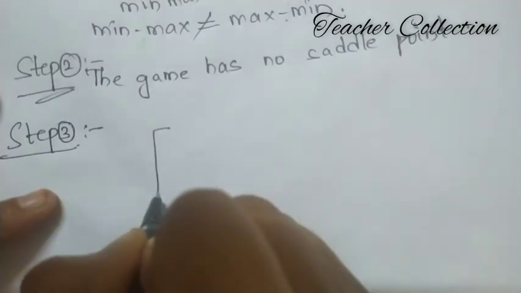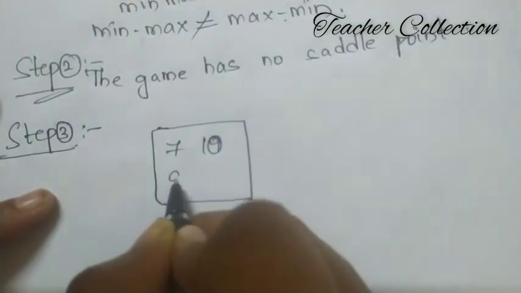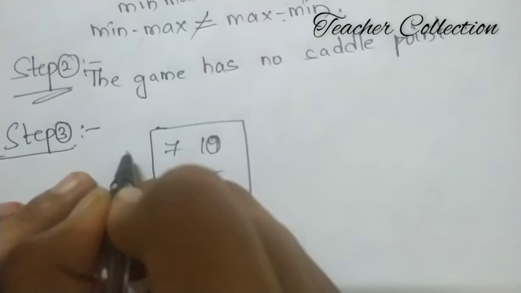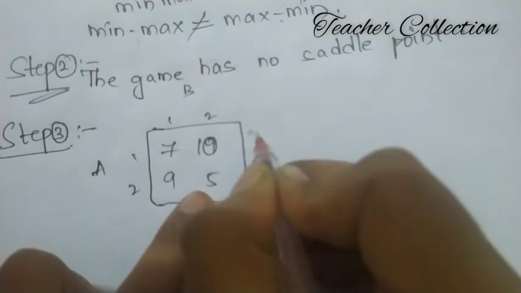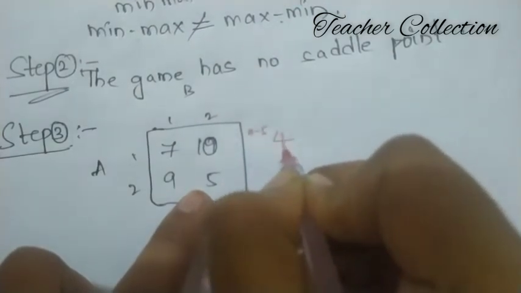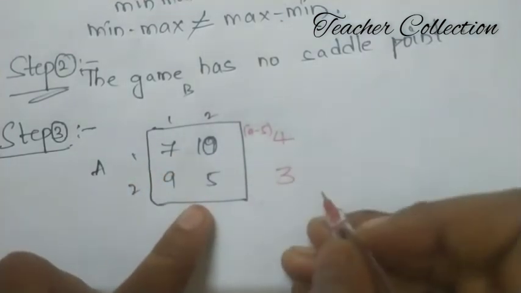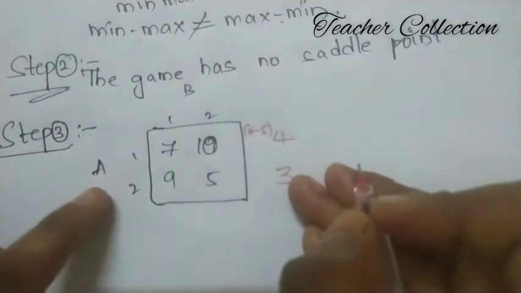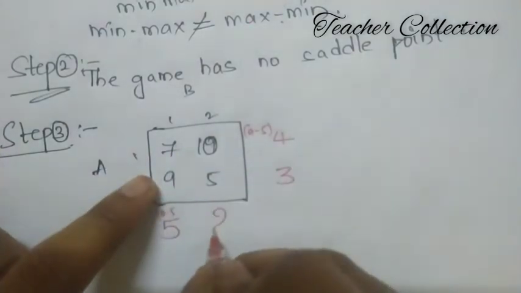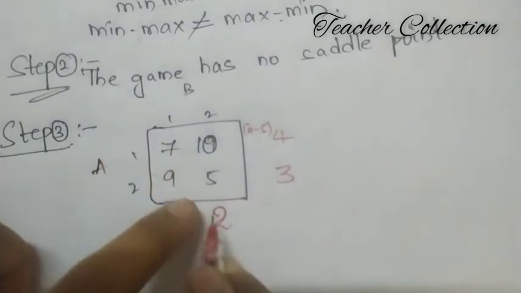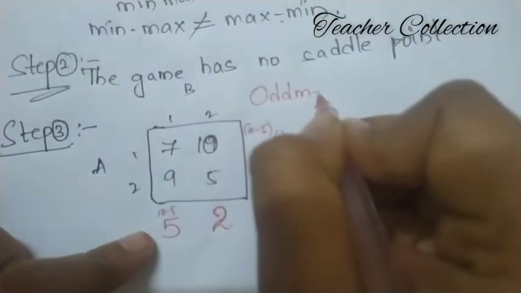Remember, very simple, we have to find oddments. 7, 10, 9, 5, and here we will find oddments like this: 9 minus 5 is 4, and 7 minus 10 is 3. If we get negative values, then we can write positive only. Now 10 minus 5 is 5, and 7 minus 9 is 2. By subtracting this side, we write this side. These are the oddments.